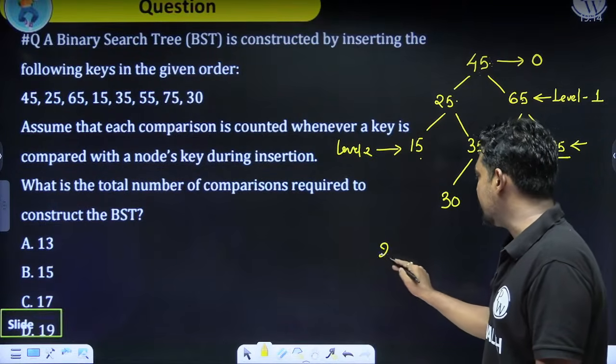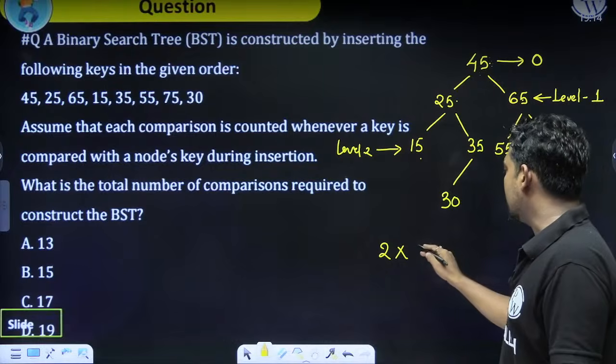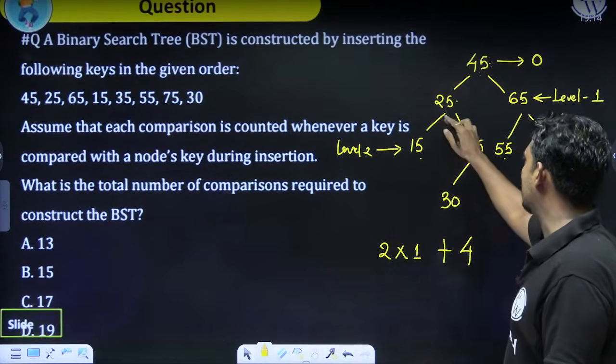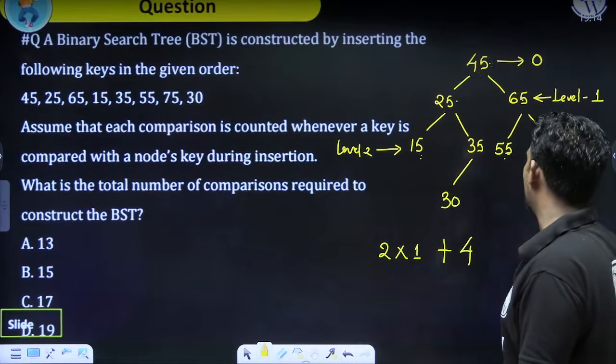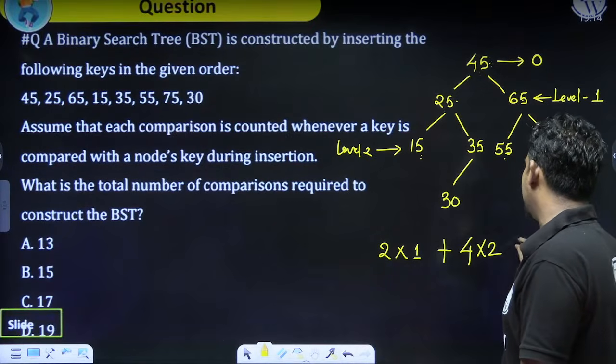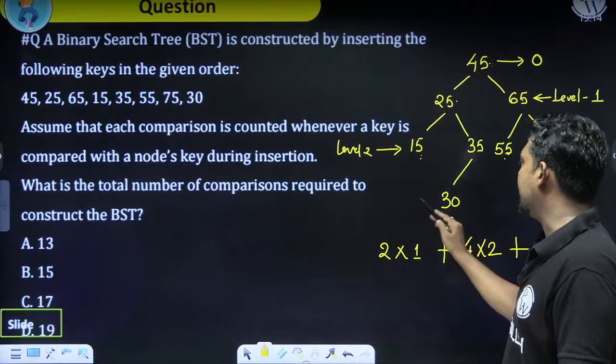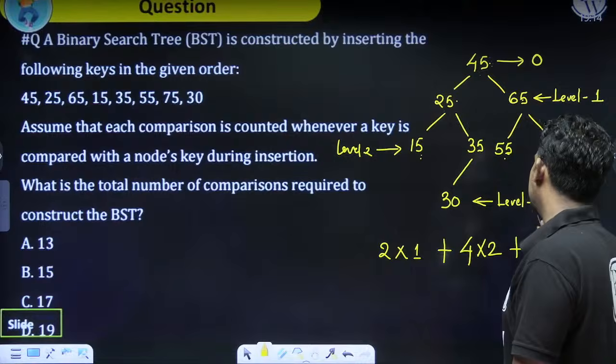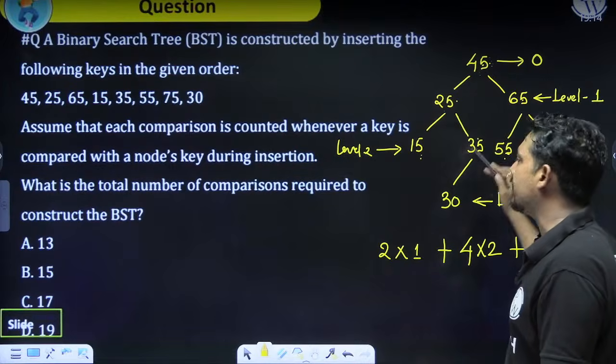There are two elements at level 1 requiring one comparison. There are 4 elements, 1, 2, 3, 4, requiring 2 comparisons, and when you come to the next level, level 3, this requires 1, 2, 3 comparisons.